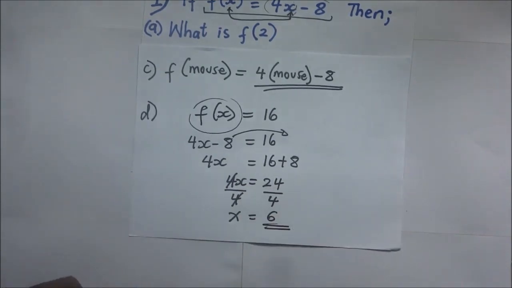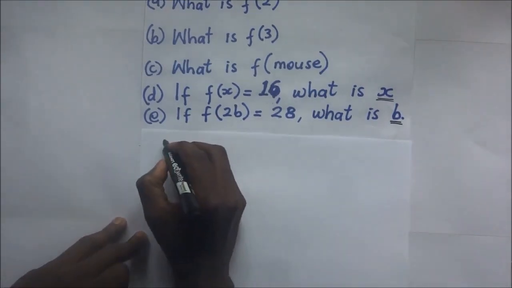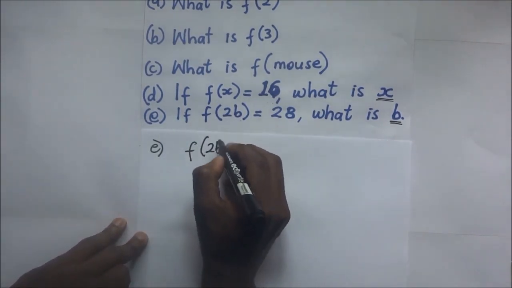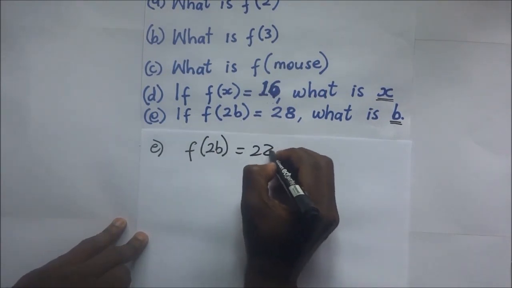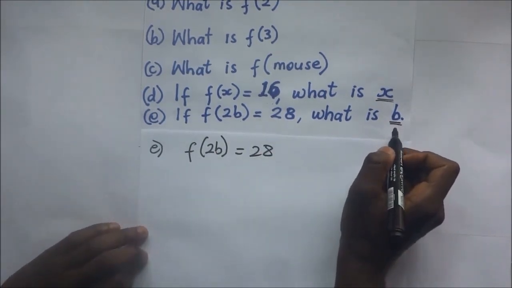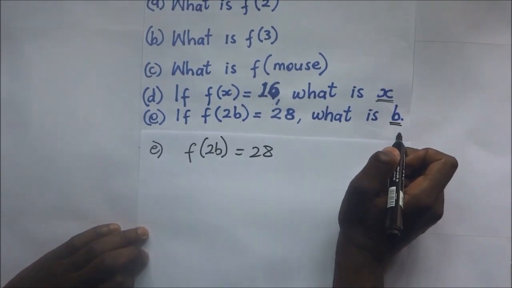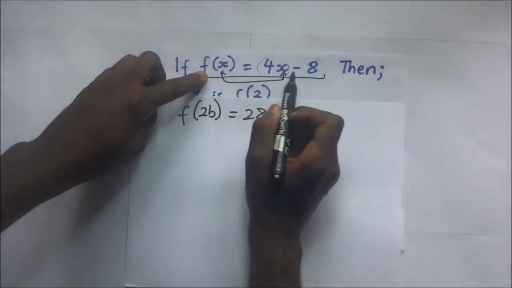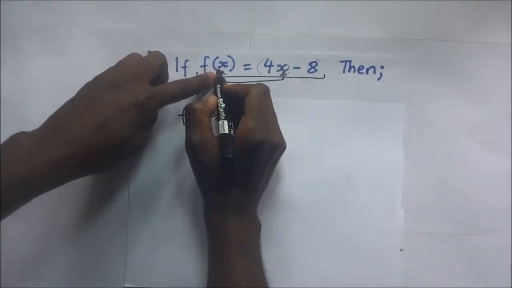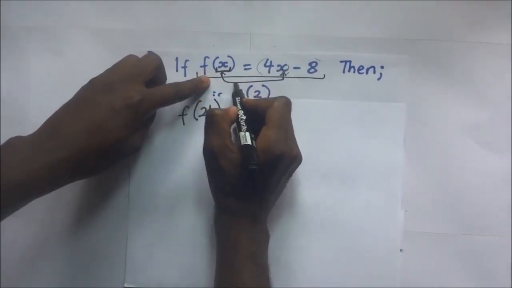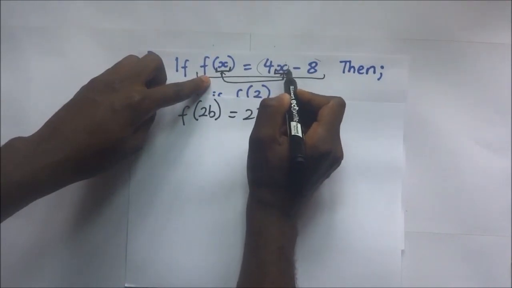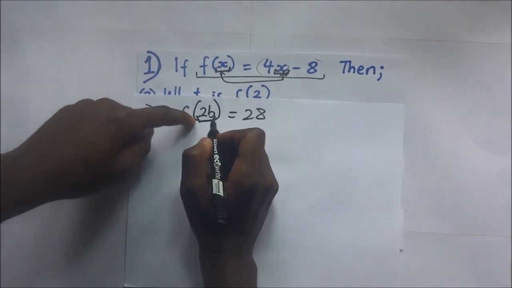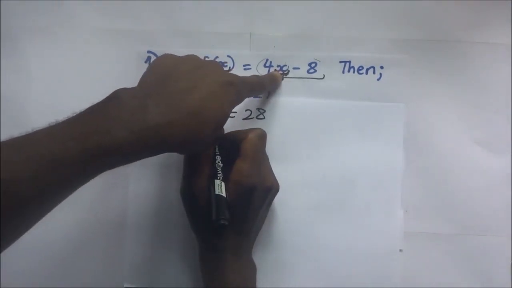And that's our answer. Part E, we are being told that f of 2b is going to be equal to 28, what is the value of b? So we go ahead and find the value of b. Remember our function up here is f of x is equal to 4x minus 8. Whatever is in the brackets is what is supposed to be put here. Right here, our value of x is 2b, so in the place of x we are going to put 2b.